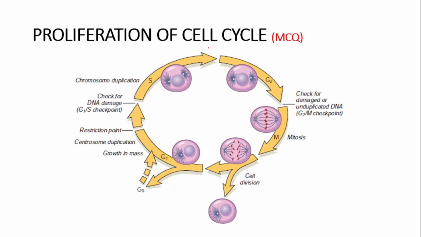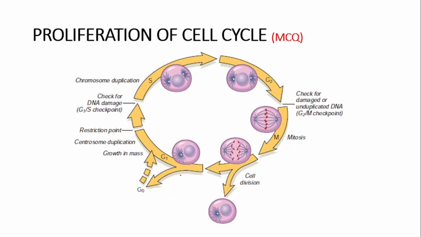So the next is proliferation and the cell cycle. Why is cell proliferation important? Because this is one of the most important mechanisms for development, maintenance of steady state of tissue homeostasis, and replacement of damaged cells. The sequence of events which results finally in cell division is called the cell cycle.